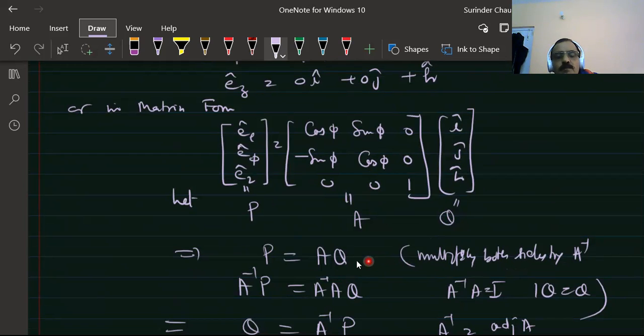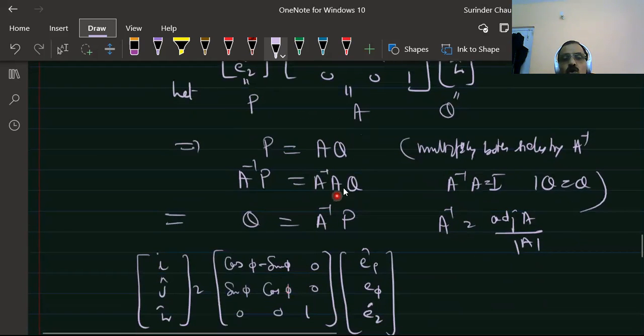Now, if you multiply both sides by the inverse, because the E vectors are linearly independent, their determinant is not 0, so the inverse exists.